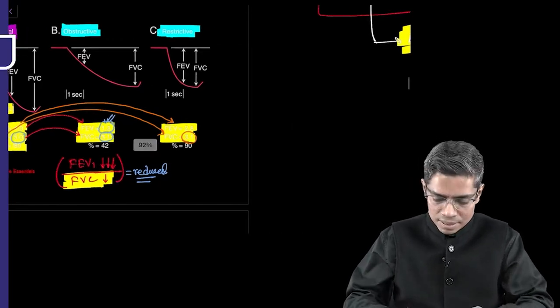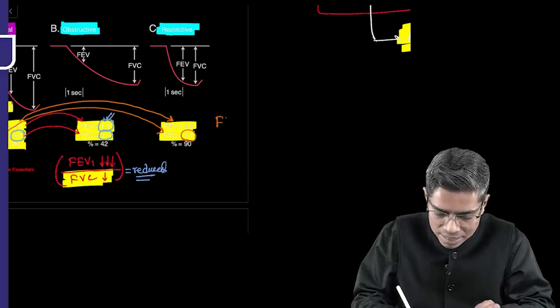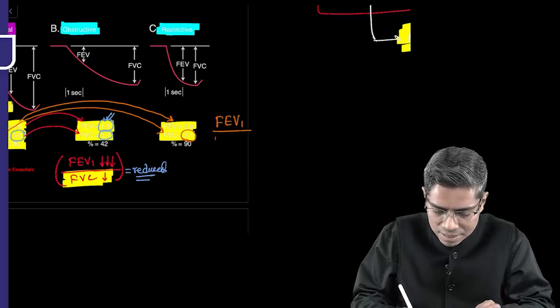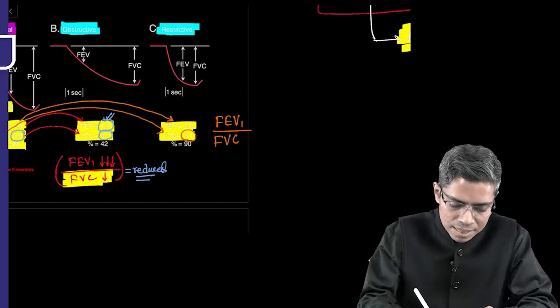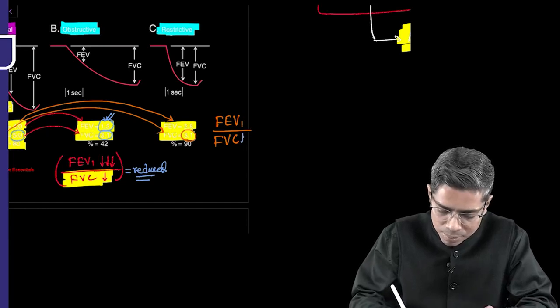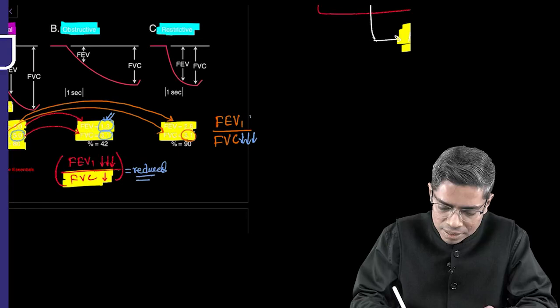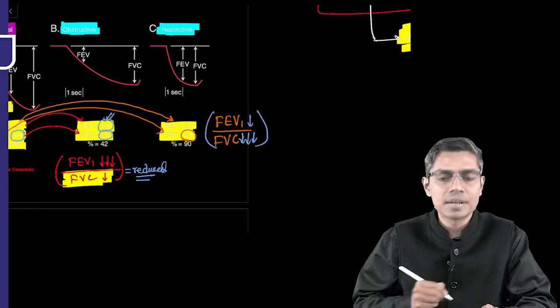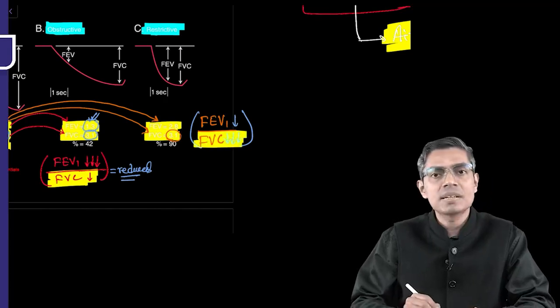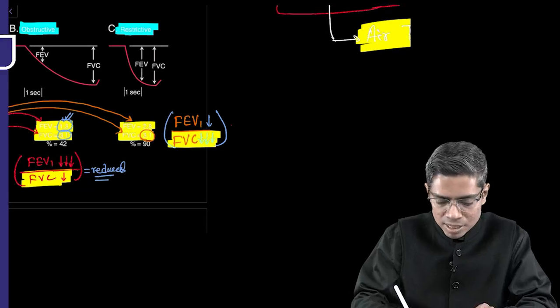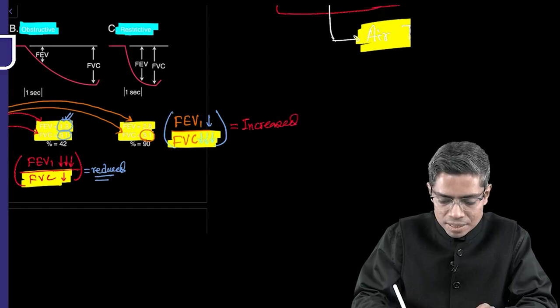That means I can understand that in case of restrictive disease, this FVC is much more reduced than FEV1, right? So what will happen in a ratio, if the denominator is reduced much more than the numerator, then the ratio is going to be increased.